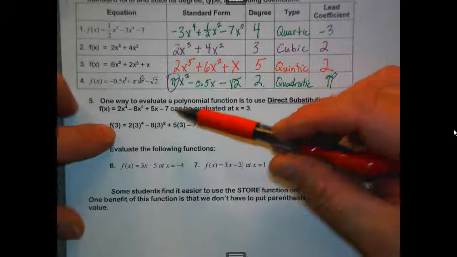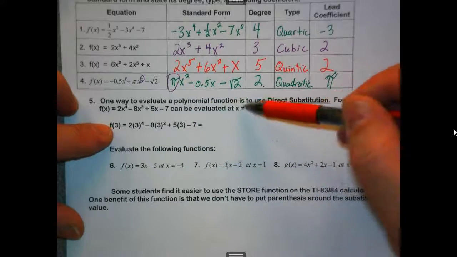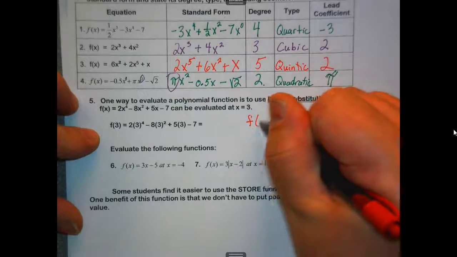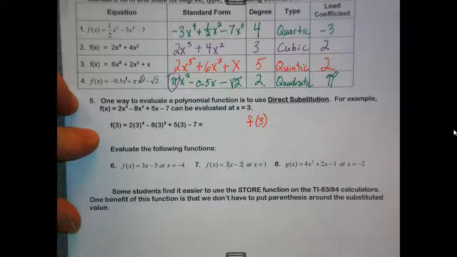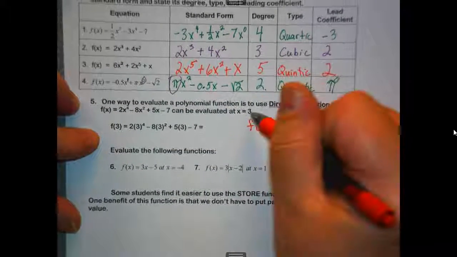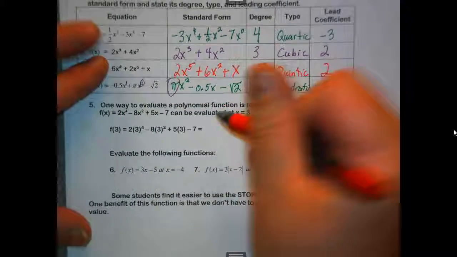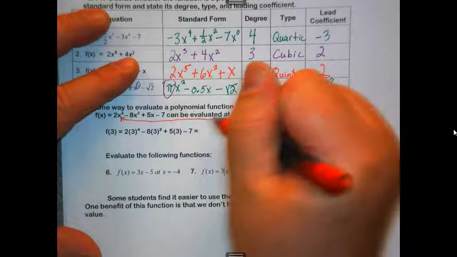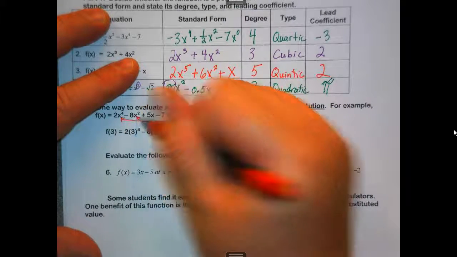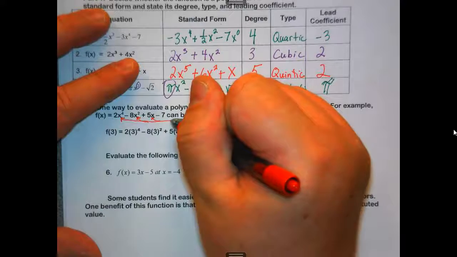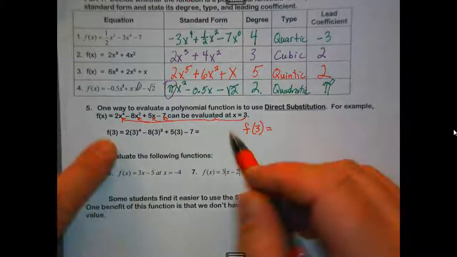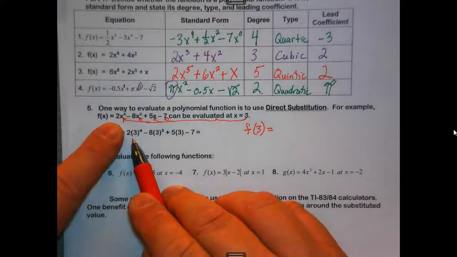Well, instead of writing all this stuff, can be evaluated when x equals 3, we just use f of 3. And then what we do is we take that 3 and we substitute it in wherever there's an x. Okay? So, in fact, I wrote it out for us here.